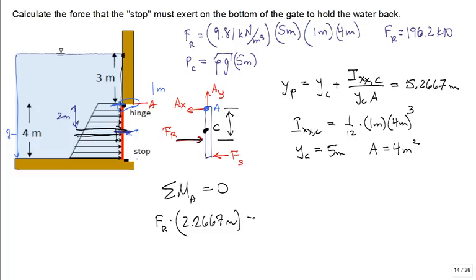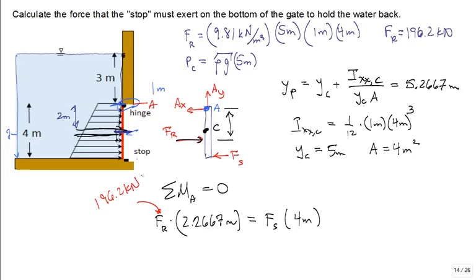And then we have another force trying to make it rotate in the other direction: the force of the stop, which I'm trying to calculate, times its distance, which is 4 meters. So we substitute. Sorry, I'm kind of mixing these up, but I'm trying to conserve space and go fast. I have 196.2 kilonewtons.